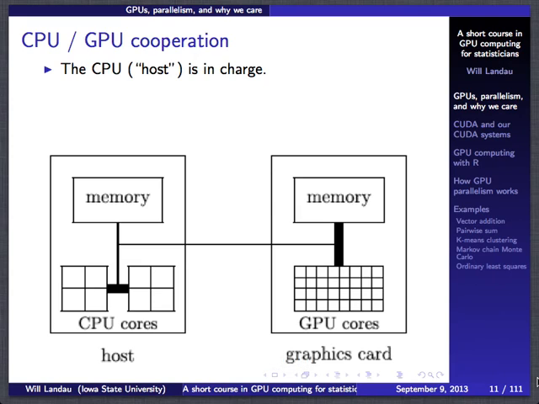So here's a diagram of what's in each processor. We've got the CPU over here, and let's say there's a graphics card hooked up to it, and this is the GPU. We've got our memory, and we've got our cores. This happens to be a very advanced CPU with 8 cores, with a lot of bandwidth between them, obviously.